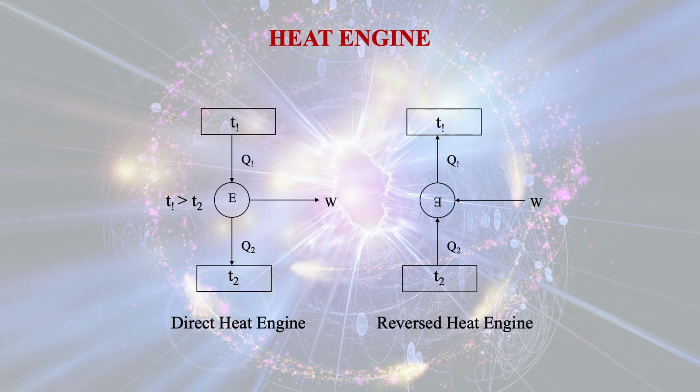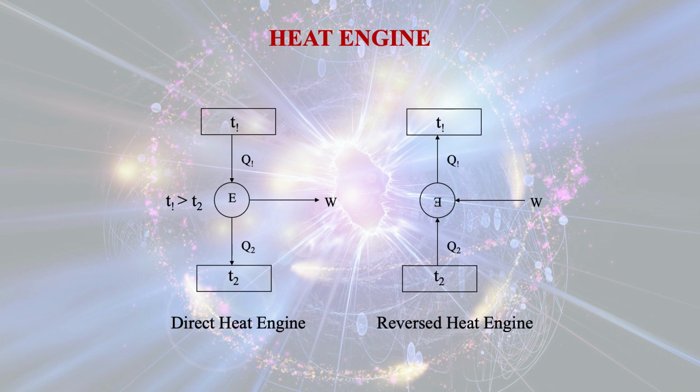Now, the reverse heat engine. The purpose of this reverse heat engine is to take the heat from the low temperature reservoir and send it to the high temperature reservoir. But as per the Clausius statement, it is impossible for a device working in a thermodynamic cycle to transfer heat from a low temperature region to a high temperature region unless we do some work.